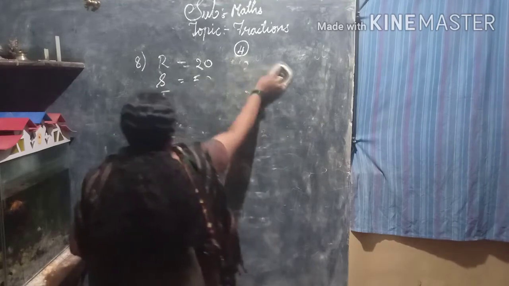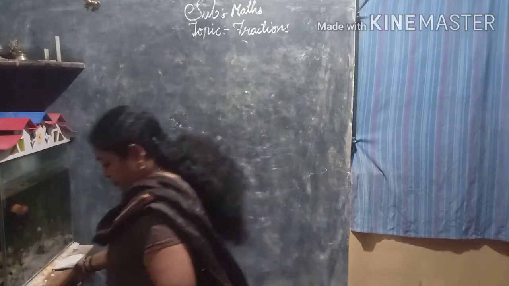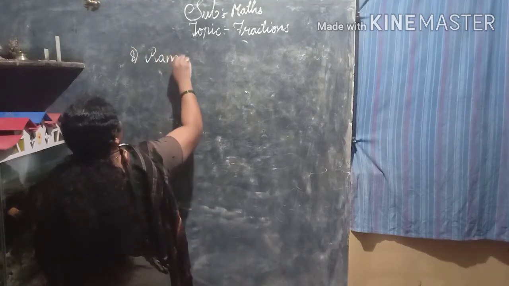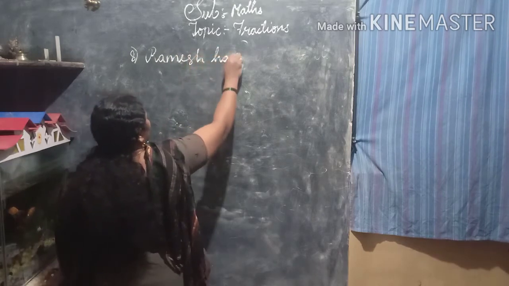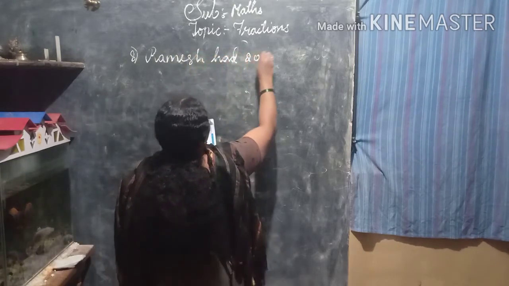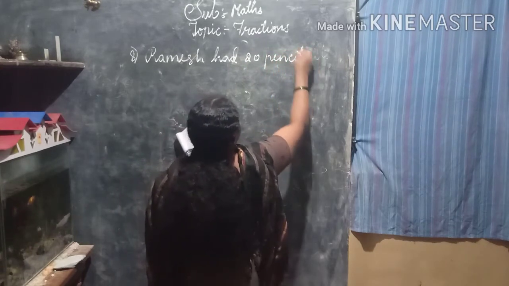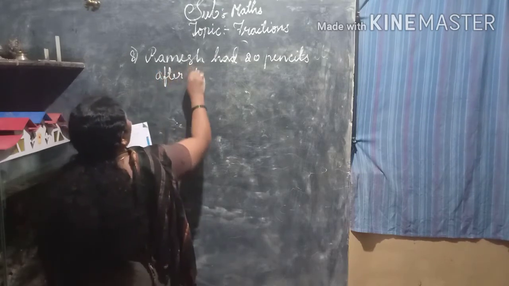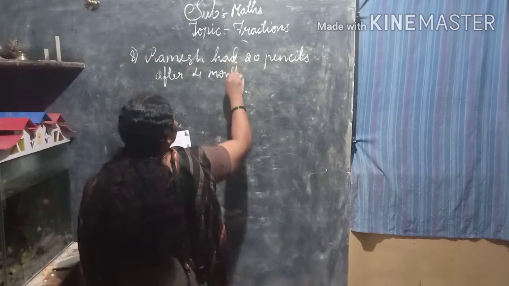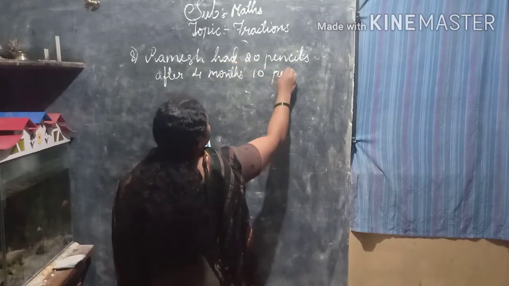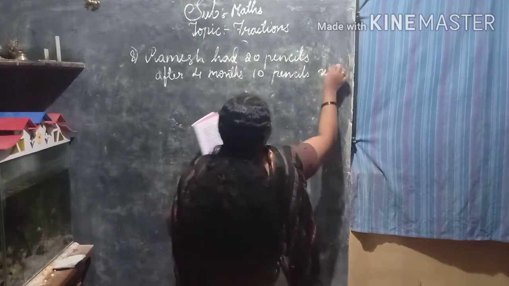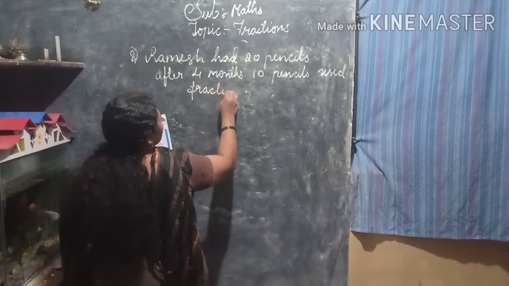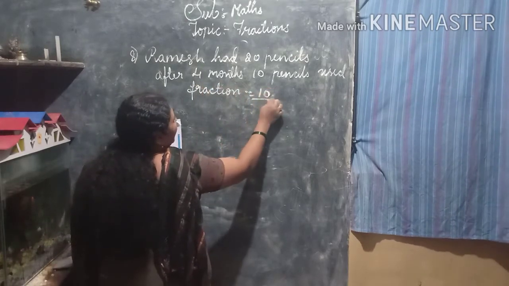So let us write it down in a proper manner. So 8-1. Ramesh had 20 pencils. After 4 months, 10 pencils used. Therefore, fraction is equal to 10 by 20.